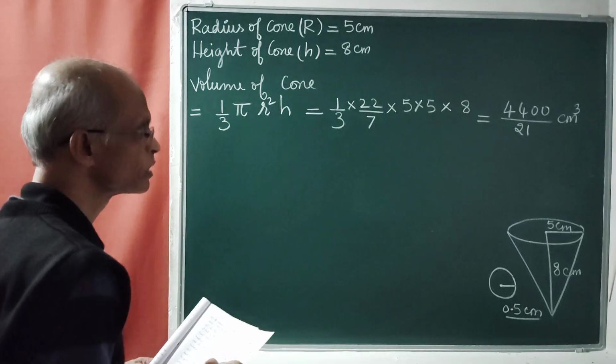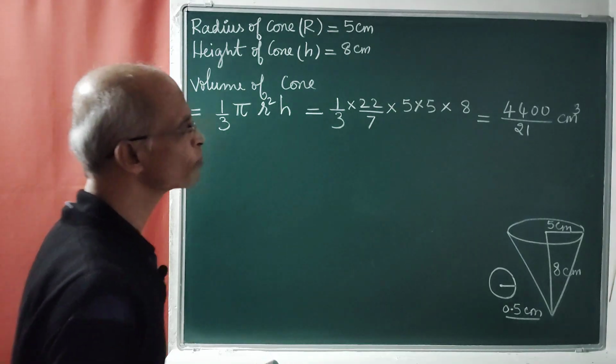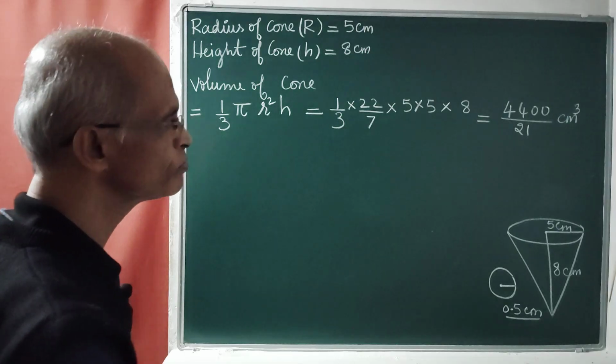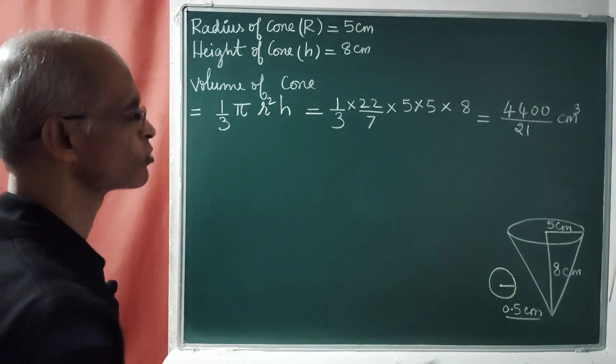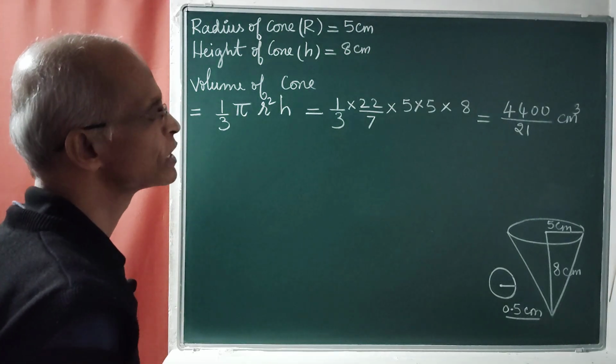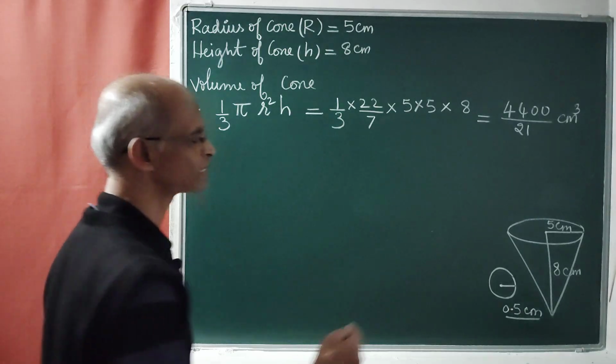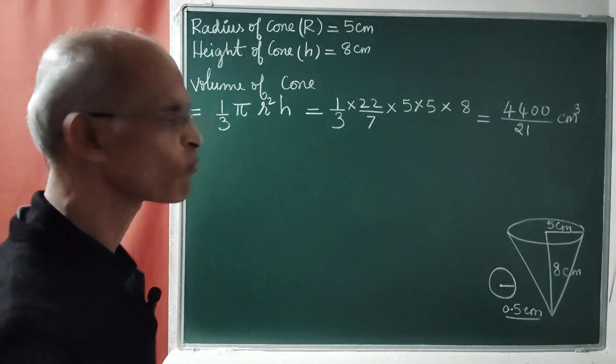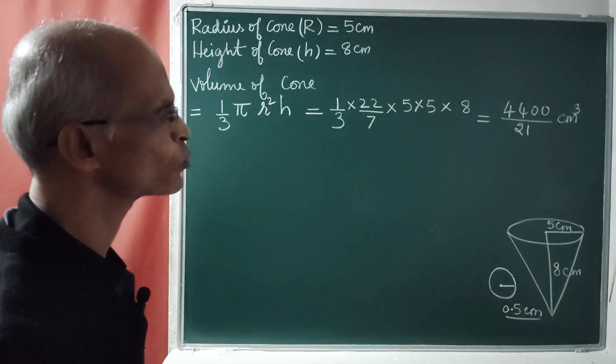Now, when they drop these lead shots, 1/4 of the volume of water came out. So the volume of all the lead shots dropped will be equal to the volume of the water which has come out, that is 1/4.